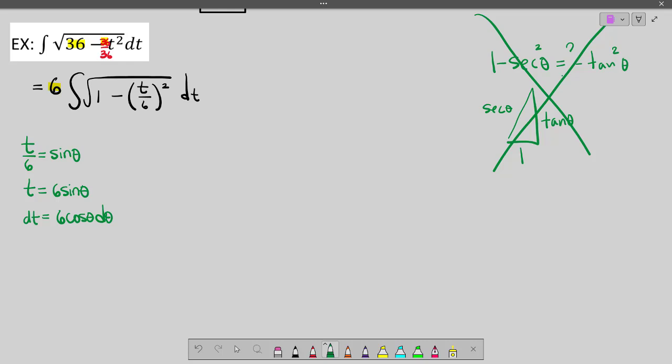And our goal is to get rid of all the t's and turn them into the thetas. So we're going to have 6 integral square root 1 minus sine squared of t. Excuse me, sine squared of theta. And the dt becomes 6 cosine of theta d theta.